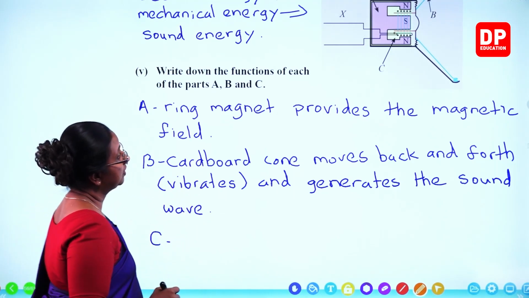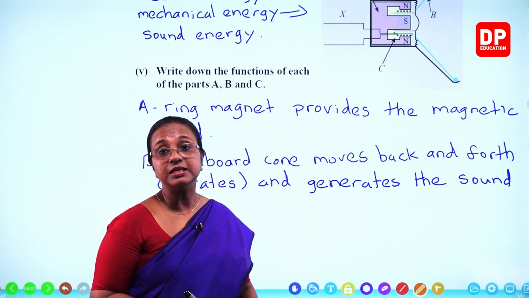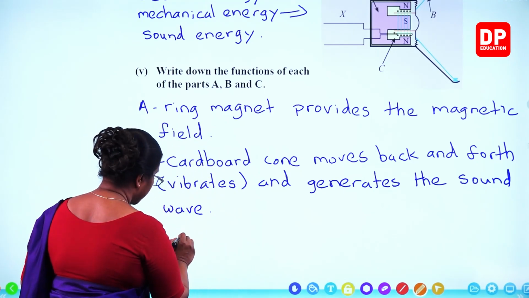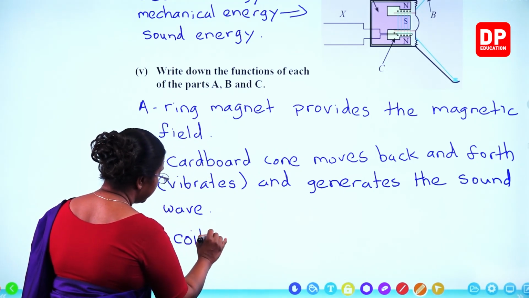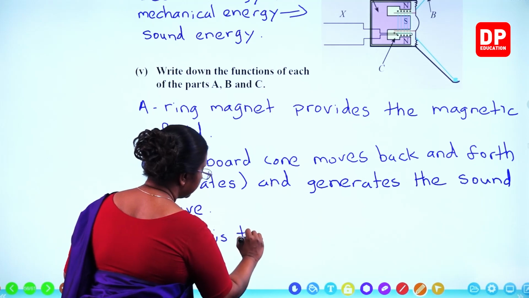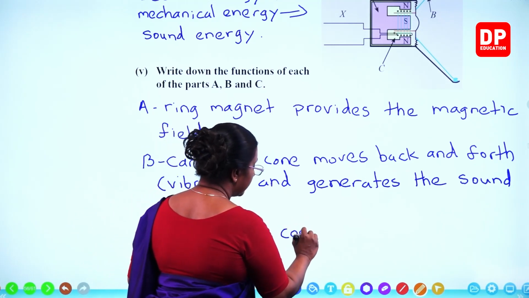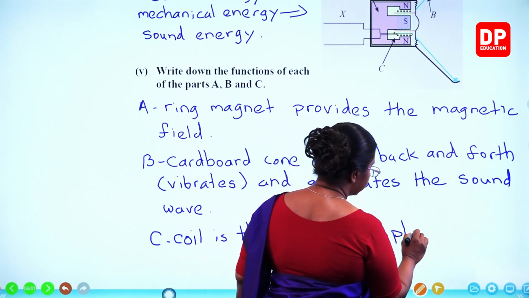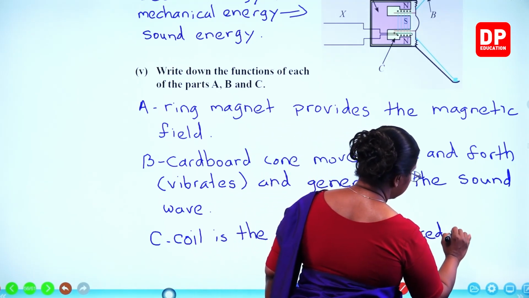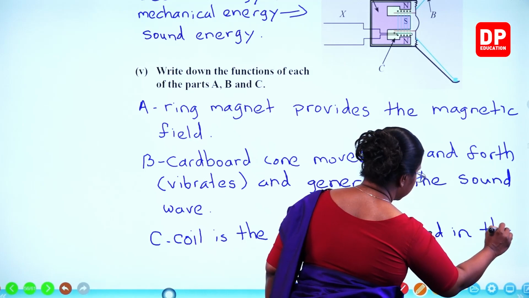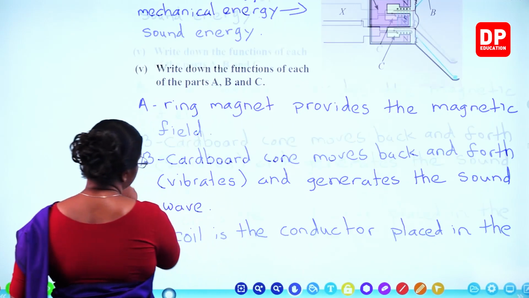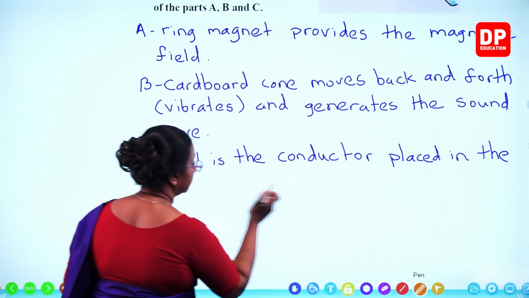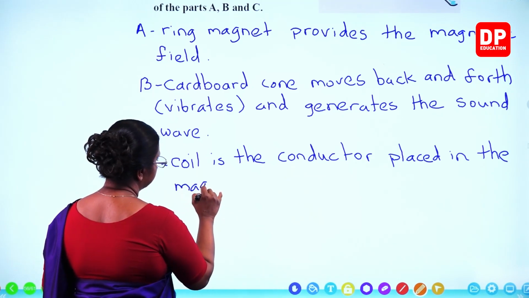Then C, you can see in the diagram, it is the coil. Coil is the conductor placed in the magnetic field.